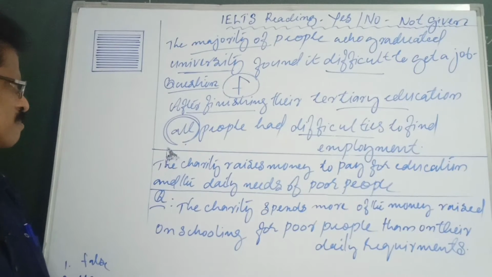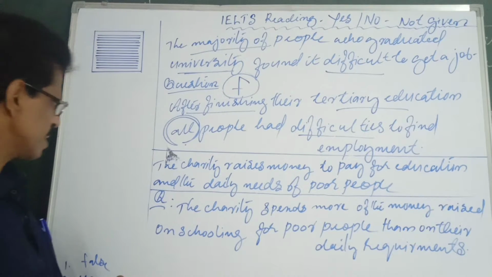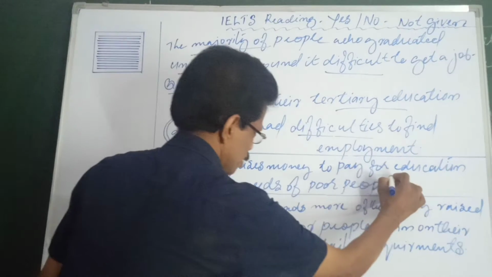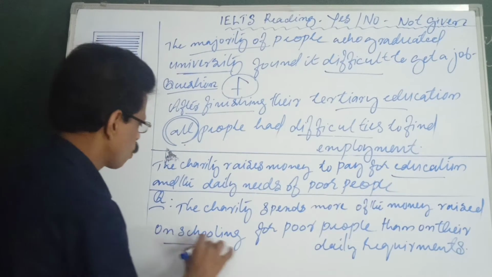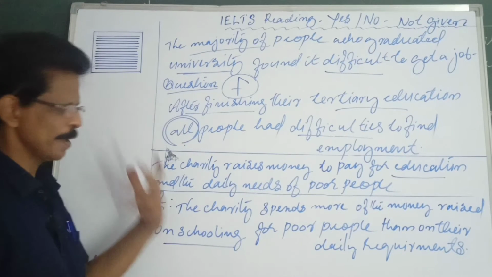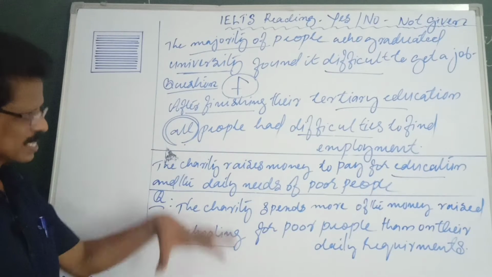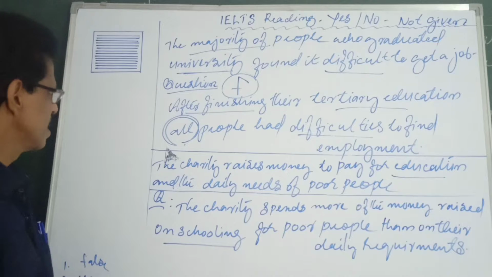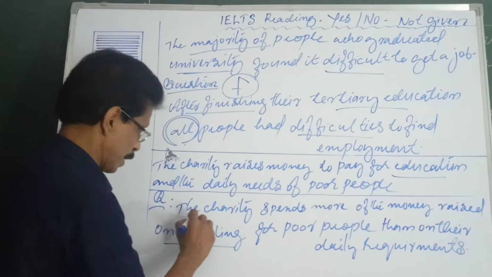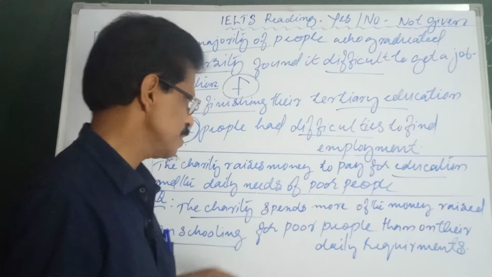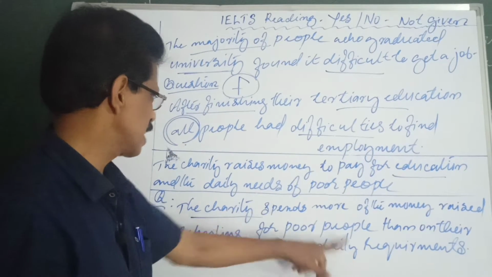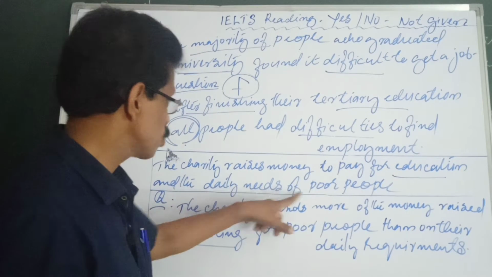Right now? See? Pay for their education. So, it is spent. Here it is on schooling. Schooling and education are the same. Similarity is there in many ways. Charity raises, charity spends. Poor people same. Daily requirement is the same as daily needs of poor people.